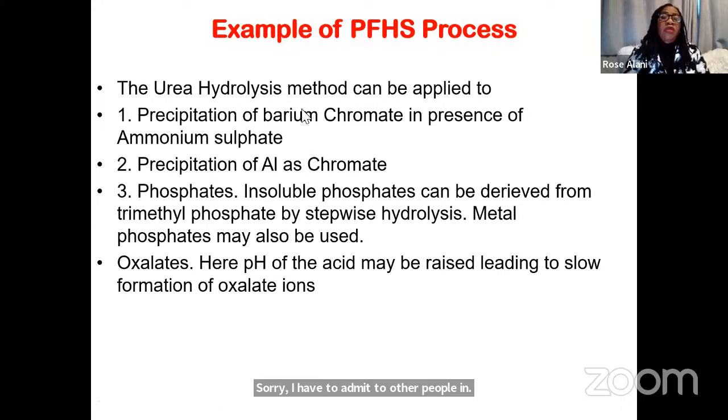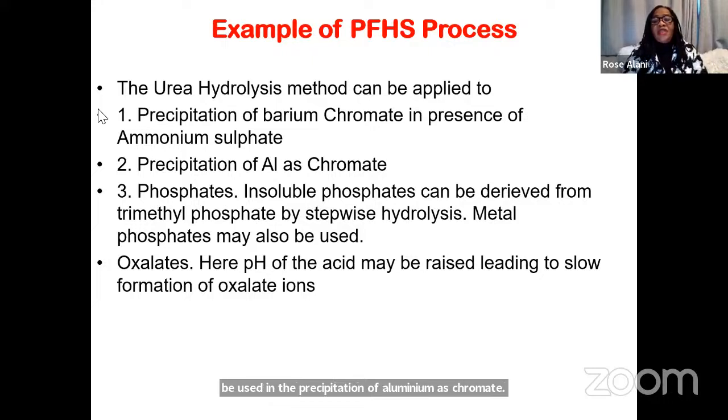So here you have urea hydrolysis. This method can be applied to precipitation of barium chromate in the presence of ammonium sulfate. This same method of urea hydrolysis can be used in the precipitation of aluminum as chromate. It can also be used for phosphates.